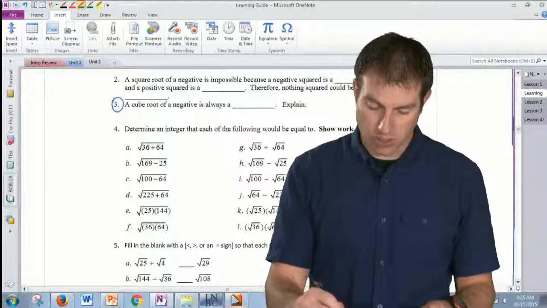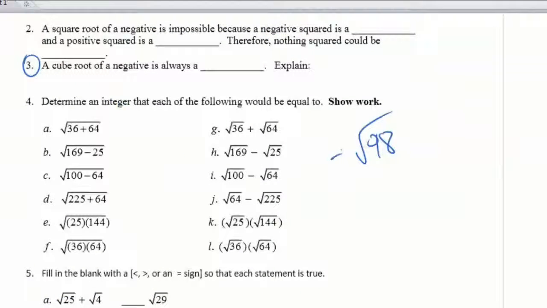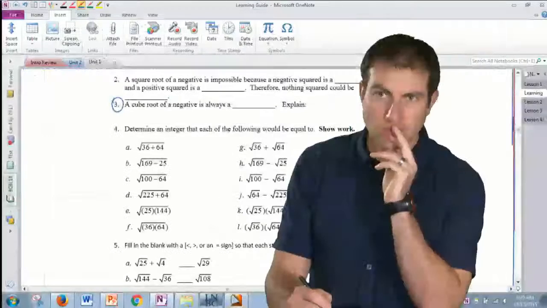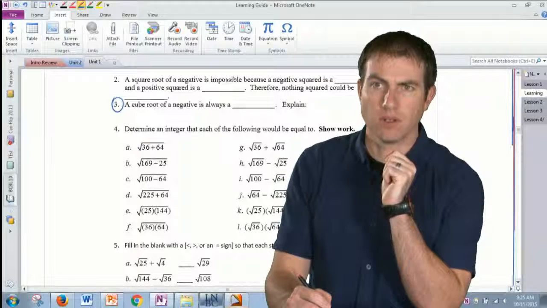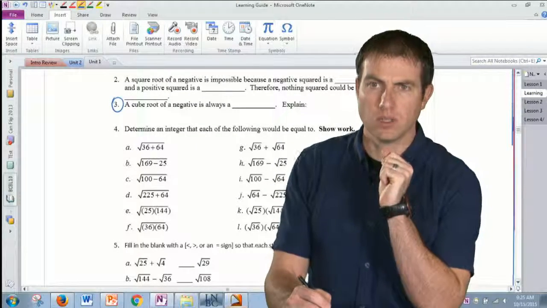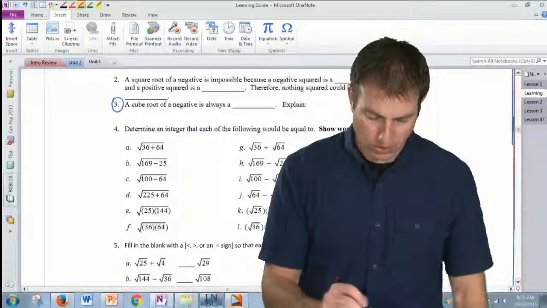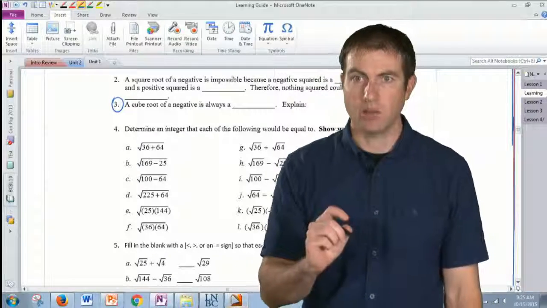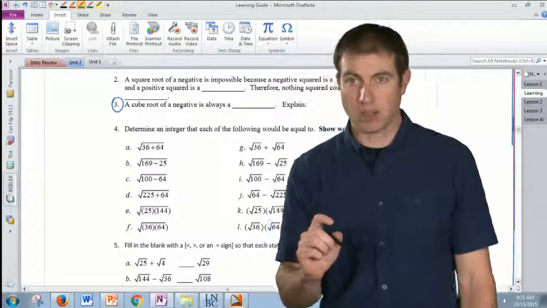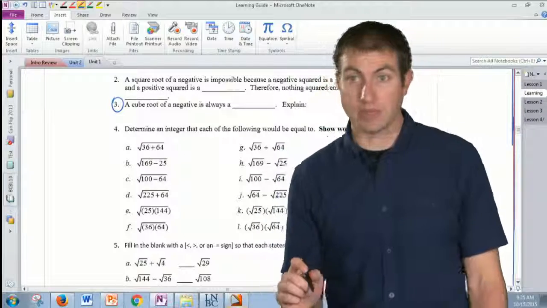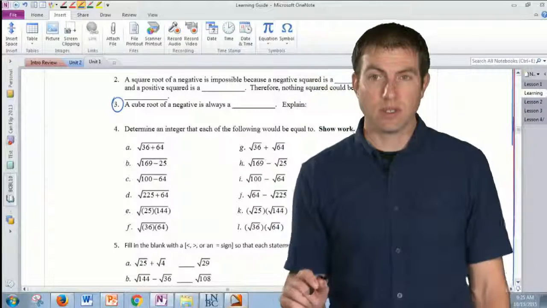It says negative square root of 98 like that, and then it's asking you to calculate it, simplify it, identify, or what's it asking for you to do? Evaluate perhaps? Or is it an estimate the value of?